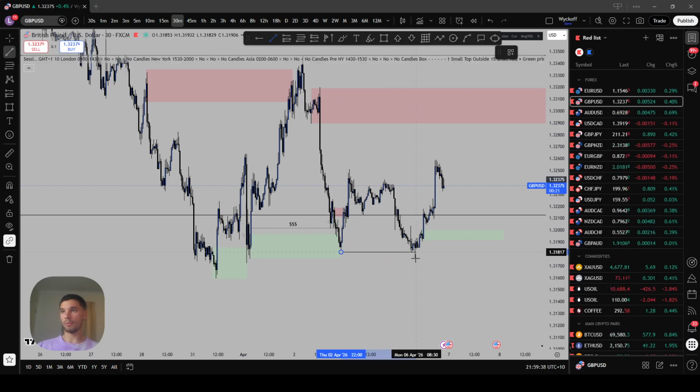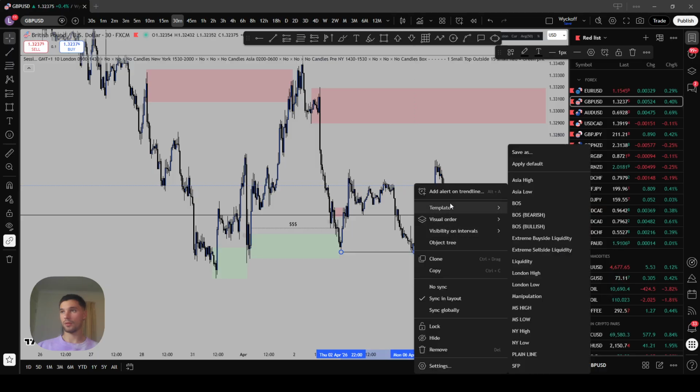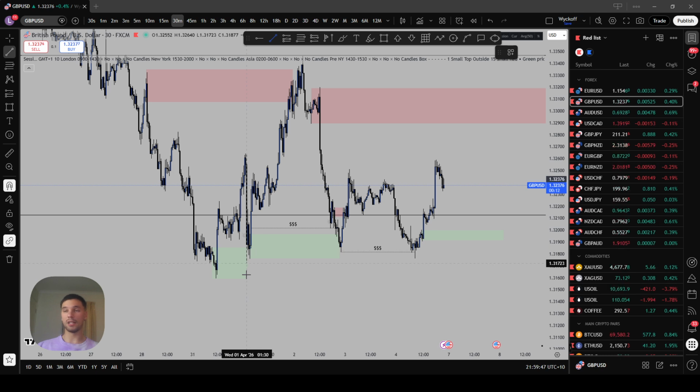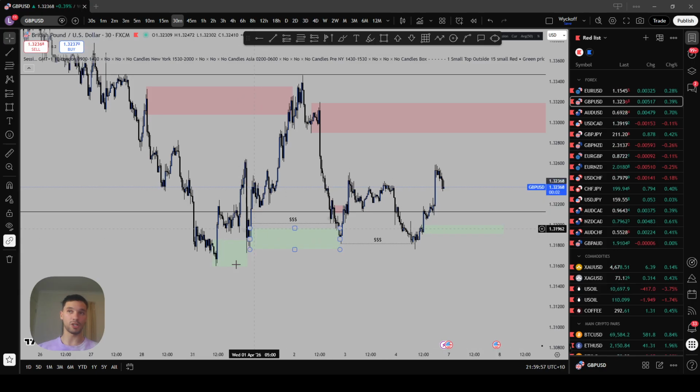We have also swept this, and this is not considered a liquidity low because it has mitigated demand, so it has done something. If there's no demand here and this is just a low, then this can be considered a liquidity low, and we would be looking for price to come and sweep this.